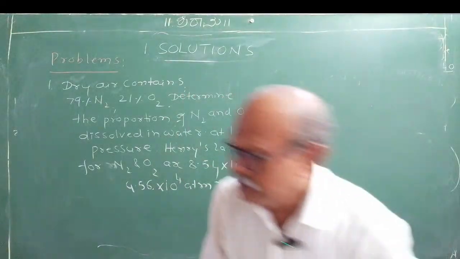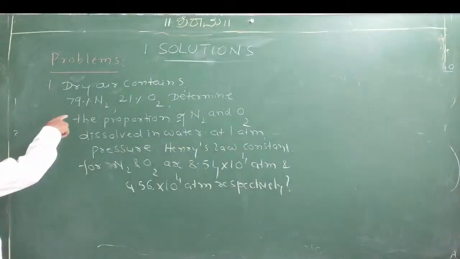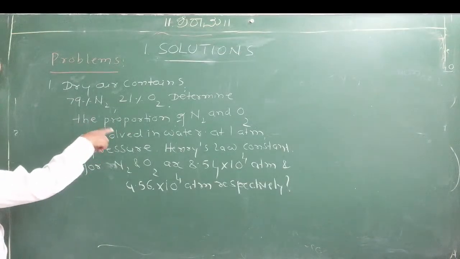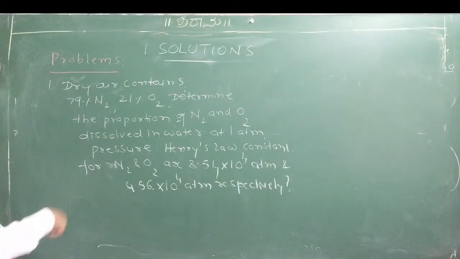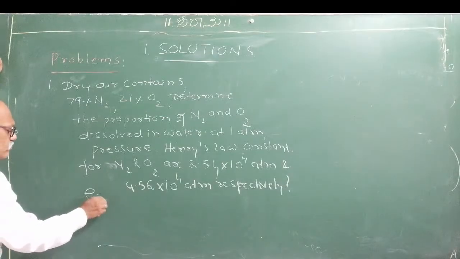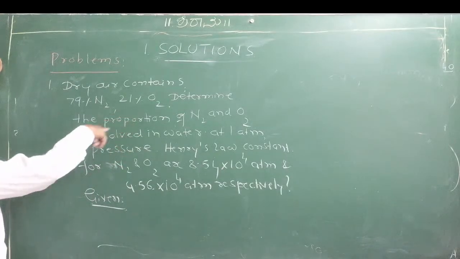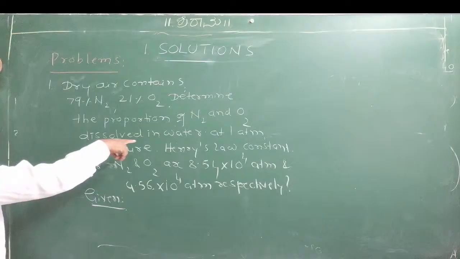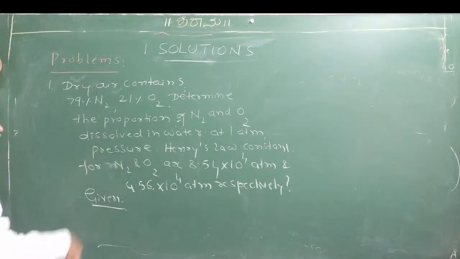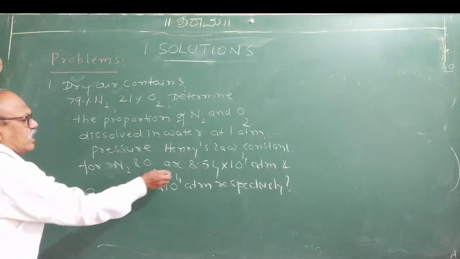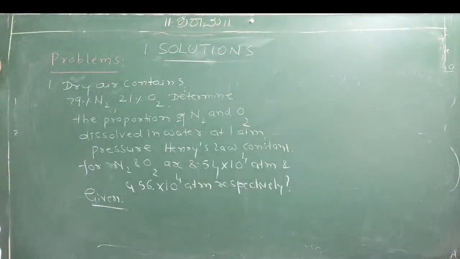Dry air contains 79% of nitrogen, 21% of oxygen. Determine the proportion of nitrogen and oxygen dissolved in water at 1 atmospheric pressure. So given: Henry's law constants for nitrogen and oxygen are 8.54 into 10 raised to 4 atmosphere.